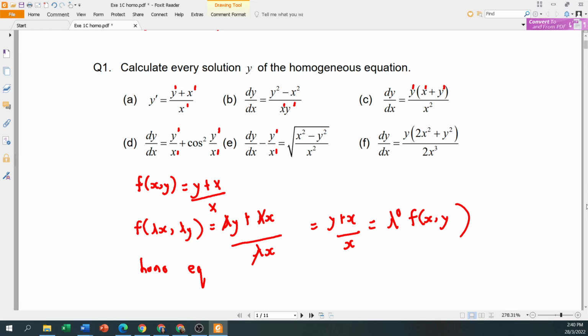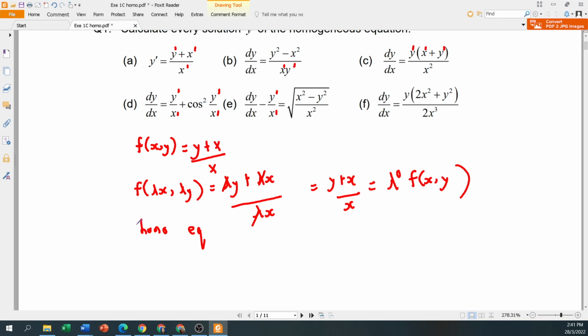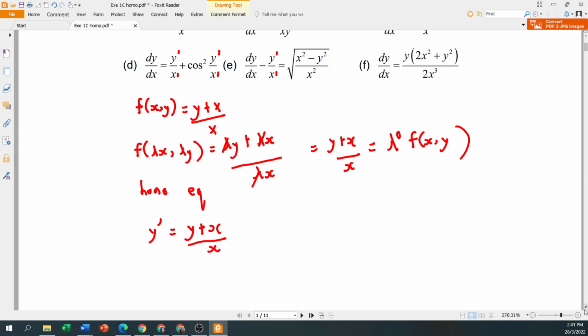After that, for question 1a, you have y prime is y plus x divided by x. If this is a homogeneous equation, you use y equal to vx. Then y prime, or dy/dx, using the product rule, you get v plus x dv/dx.